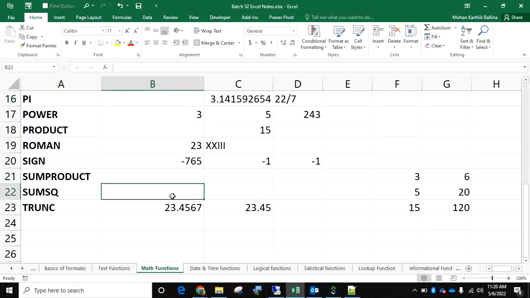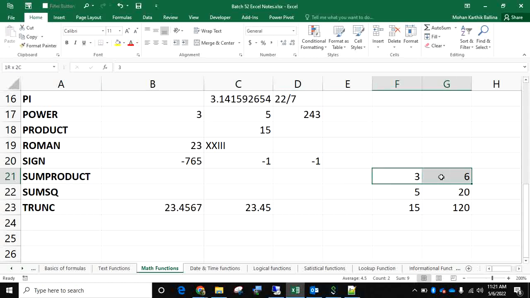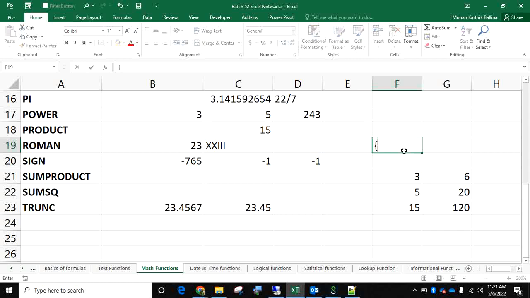SUMPRODUCT and SUMSQ. Very, very simple. SUMPRODUCT, there are 2 different formulas. For SUMPRODUCT, you need to give sets of values like this. So remember in our school days, note 3, 6. This is one set. Second set, 5, 20. This is the second set, like this.